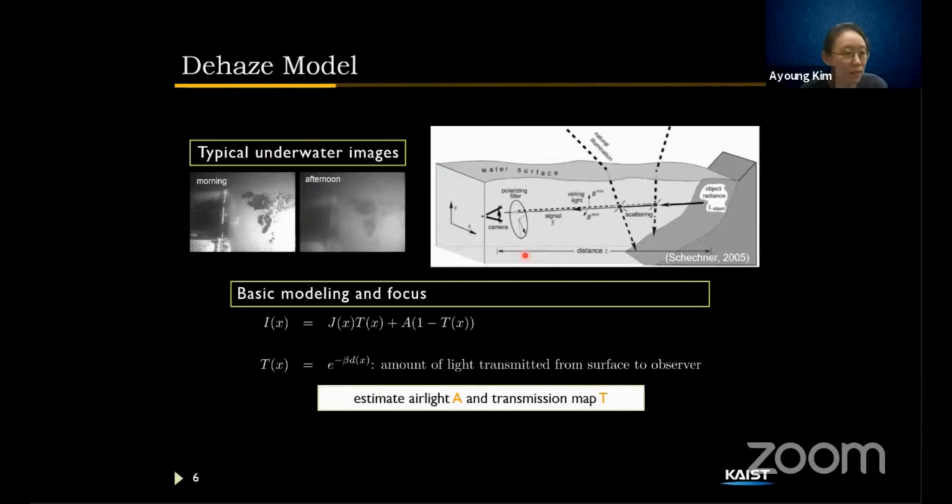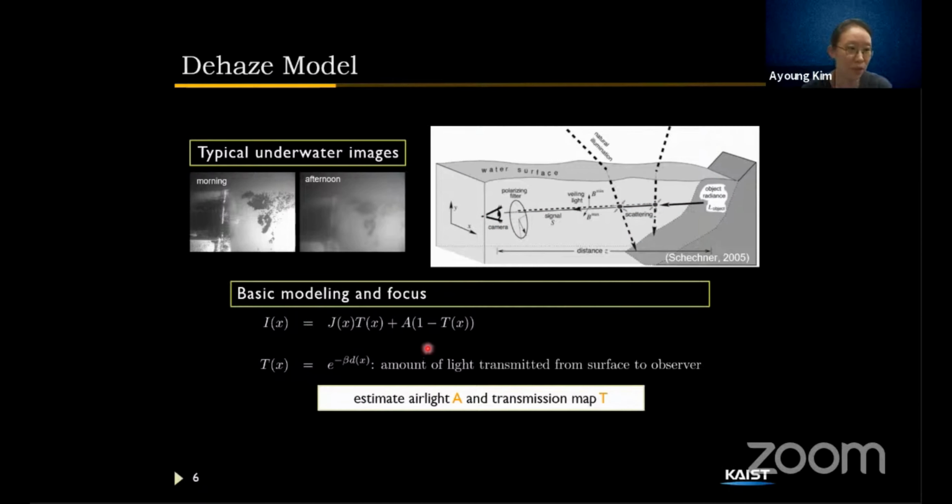This is called the dehazing problem. The simplest model for dehazing would be something like this. Here, we have an eye, and there must be an object. And what happens is there are a lot of particles in between.